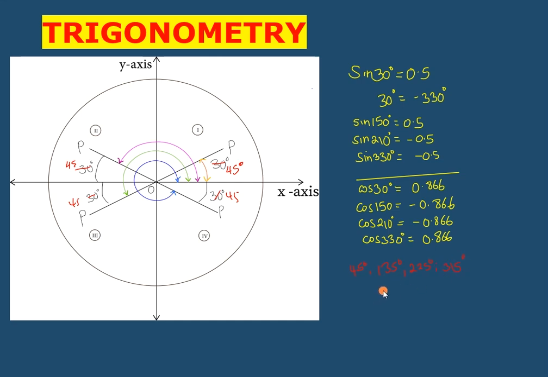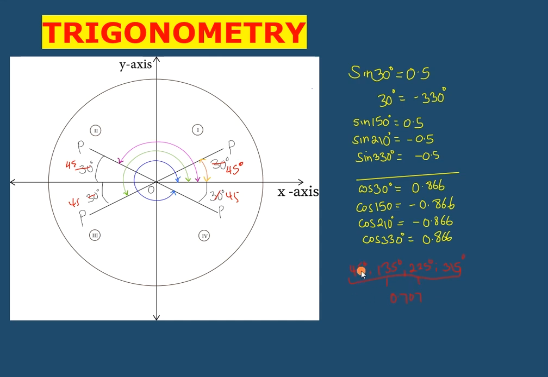If you get the cosine of all of these, it bears 0.707. However, for the second and the third, it will be negative, because cosine is negative in the second and the third quadrant.